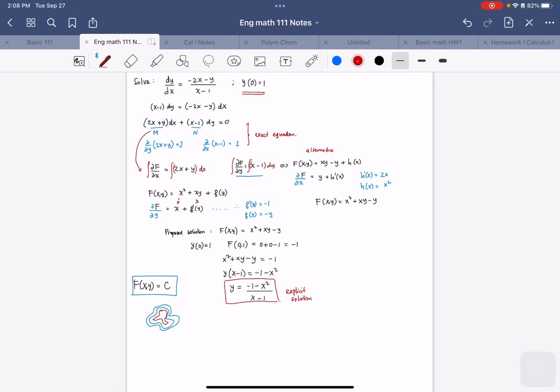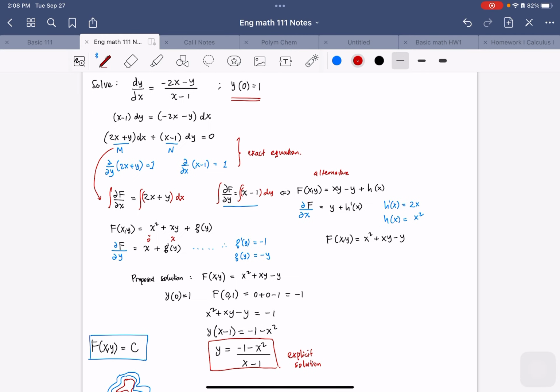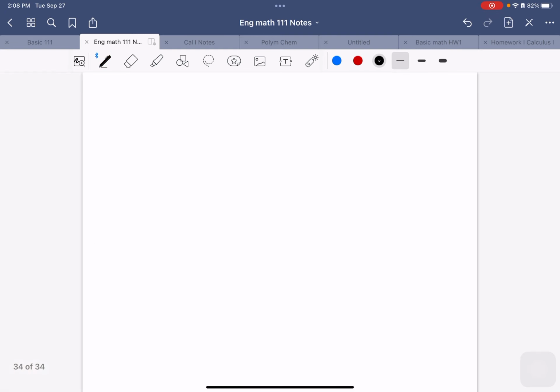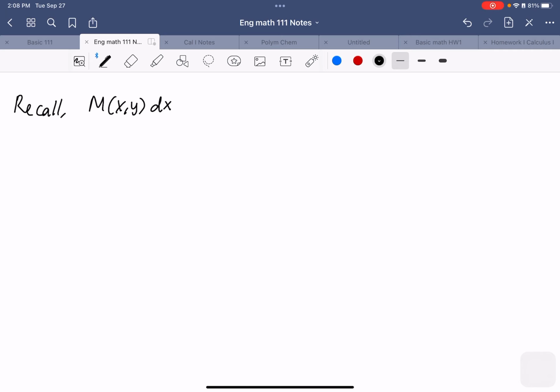Maybe let me write in the next page. Okay. So let me write, recall that the form for the exact equations is this.